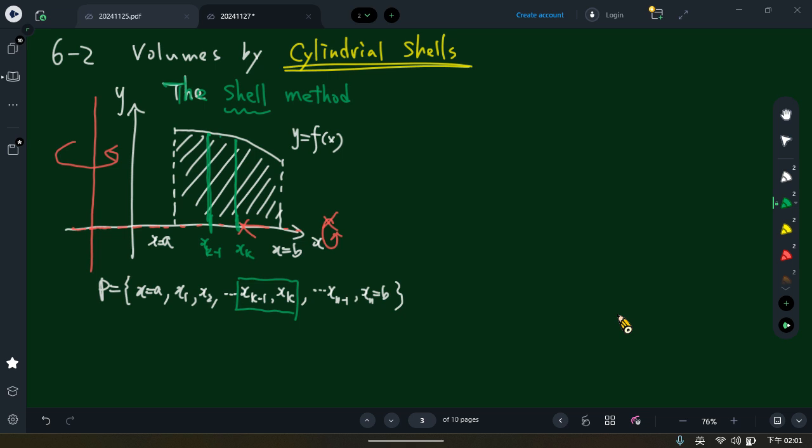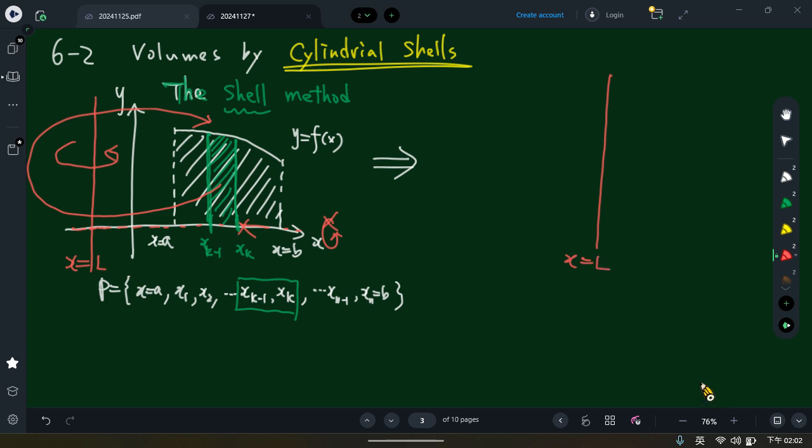If I take this piece and rotate it, you can imagine the result will be like this. This is the rotation axis, which we call x equals L, and this is the x-axis.